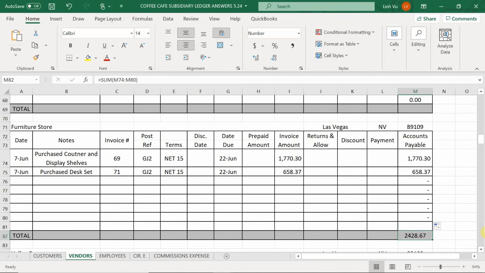So that's including invoice number 69 and invoice number 71. This is what my grand total amount is that I owe this vendor. But as you can see, they are split into 2 different invoices.